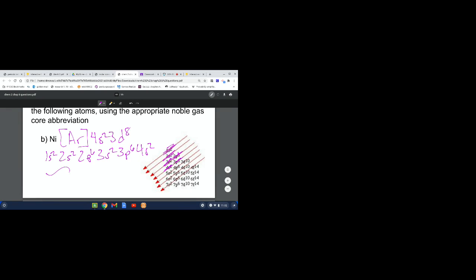So let's see, we have 10, 20. We need 8 more. So that 3d, instead of saying 3d10, we're going to say 3d8 because that's all we need. Now, argon is 18. So we have 10, 12, plus another 6 is 18. This is argon. That's how that fits in there.